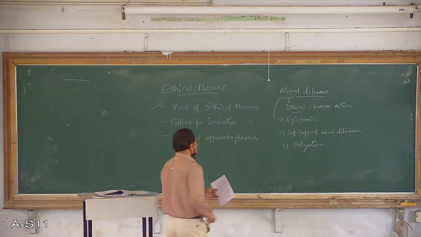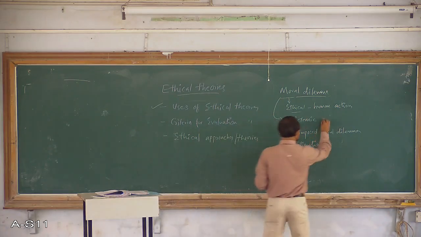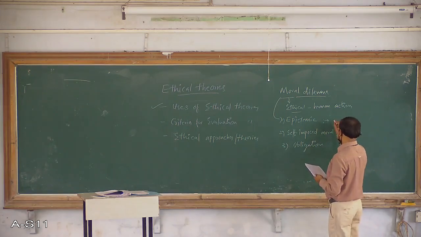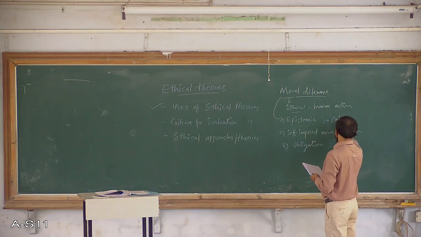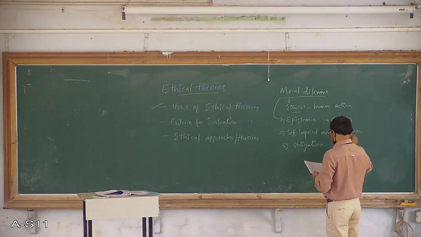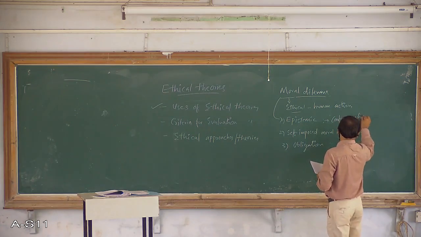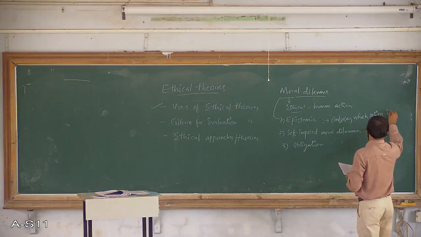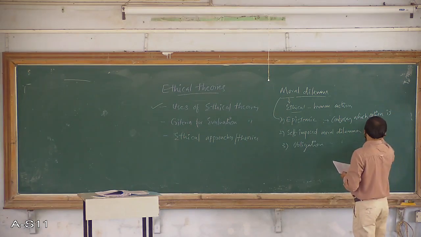So epistemic, we define it as the dilemma, or the situation, which confuses which option is morally right or wrong.